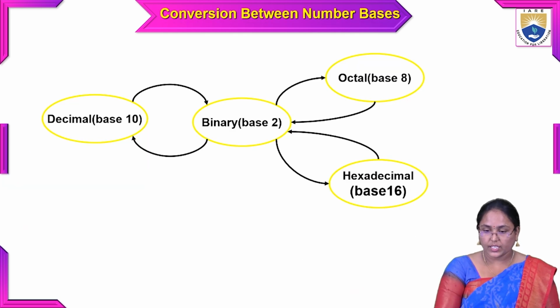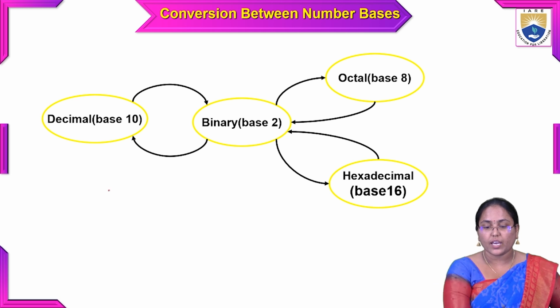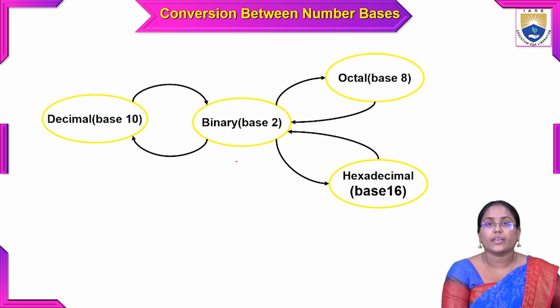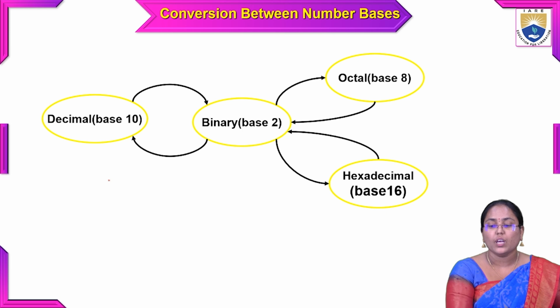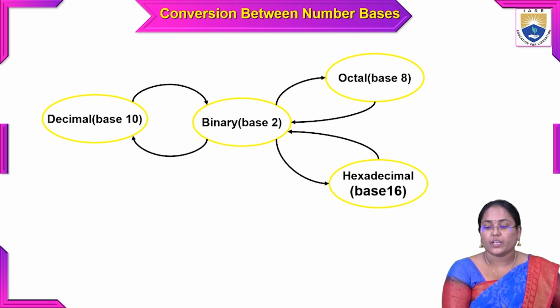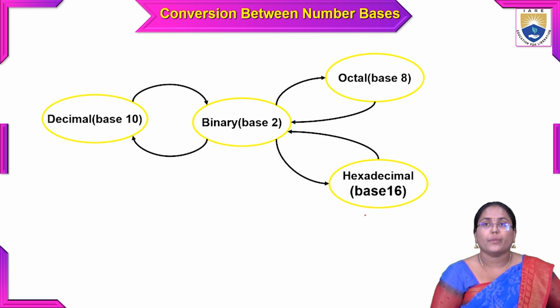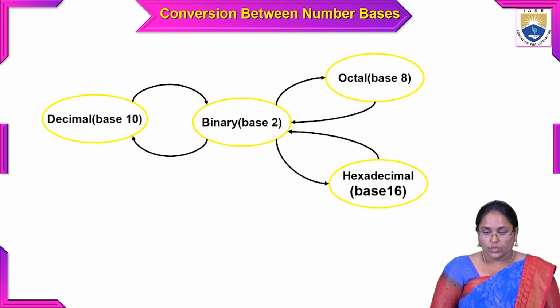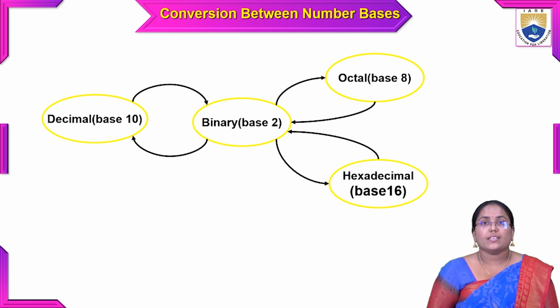Now if I look at the conversion between number bases, I can convert decimal to binary, binary to decimal, binary to octal, octal to binary, binary to hexadecimal, and hexadecimal to binary. So this is it for today's class, and in the next class we'll be discussing how this conversion can be done from one number system to another.